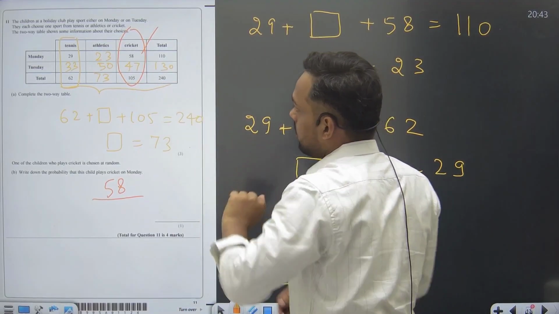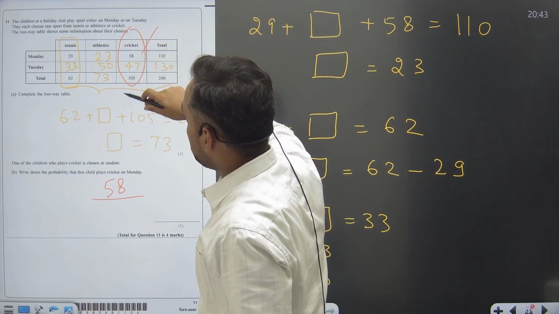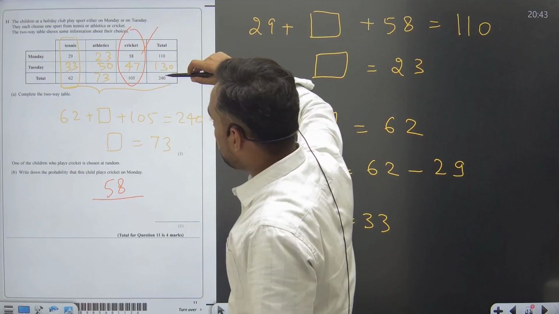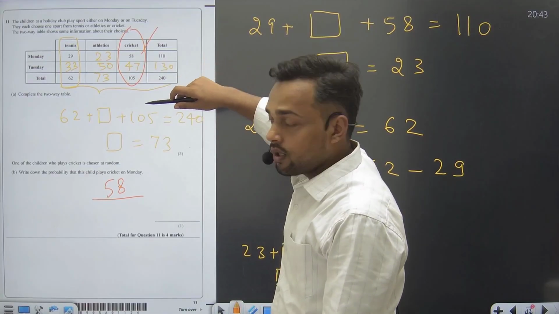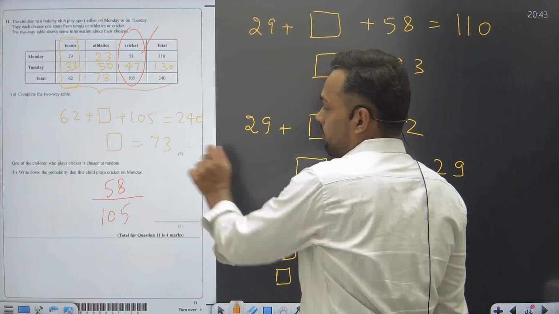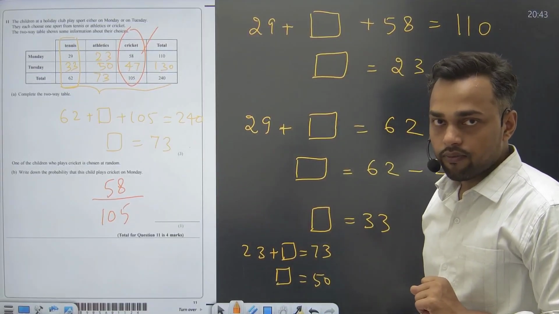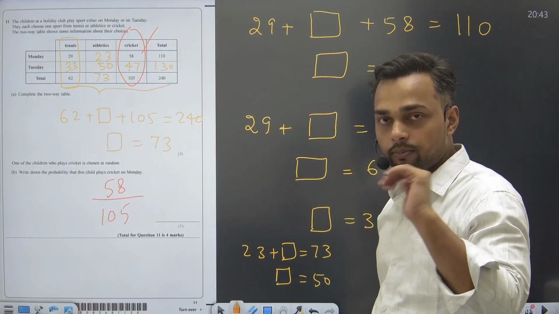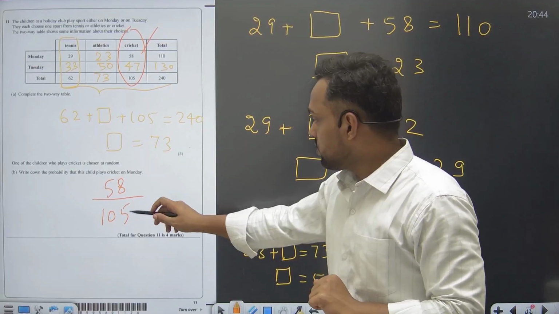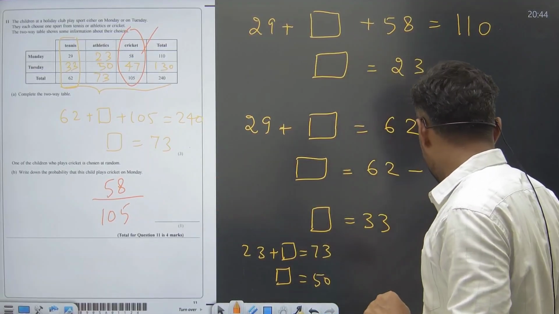Why is this so? Because we only need to sort out the players who play cricket, so we do not take the 240 here. Probability is the total number of favorable outcomes upon the total number of possible outcomes, so the value is 58 upon 105.